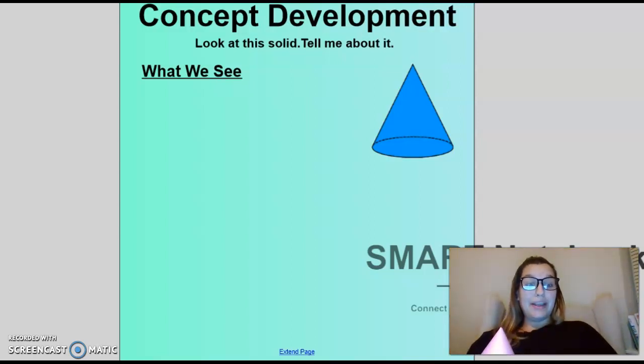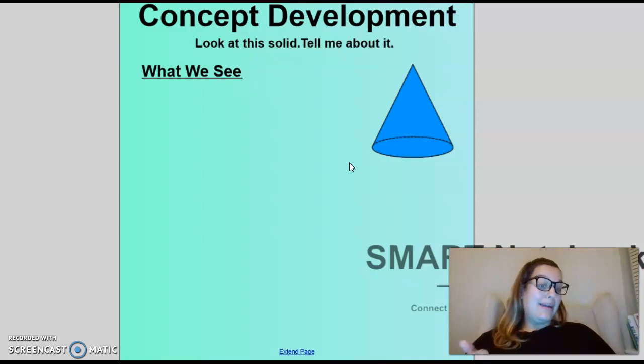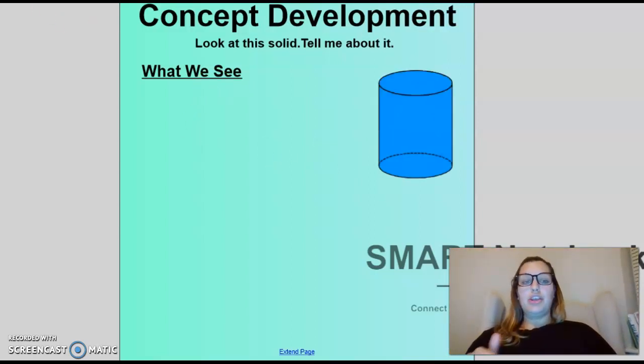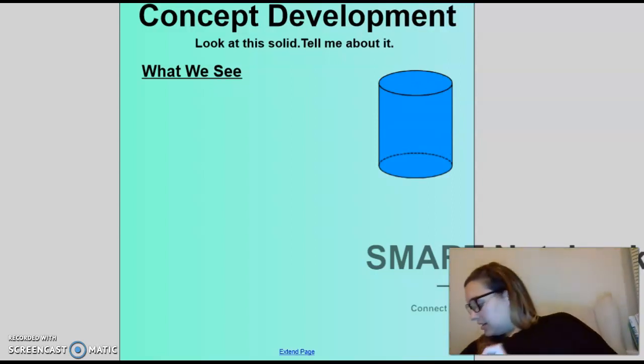A big triangle, right? So it looks like a cone. This is called a cone. It has a triangle, and what other shape? A circle. A good example of this is a party hat. So we've done a cube and a cone.